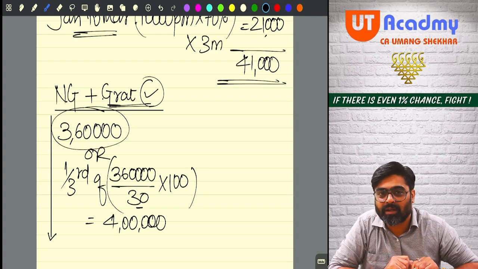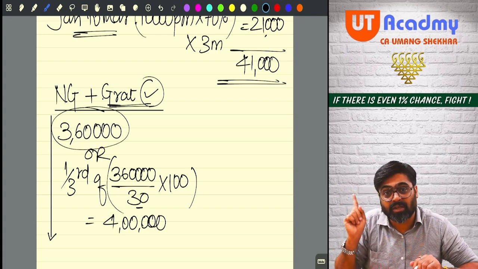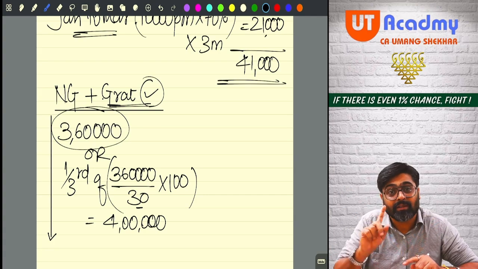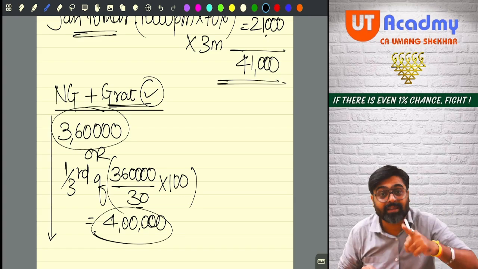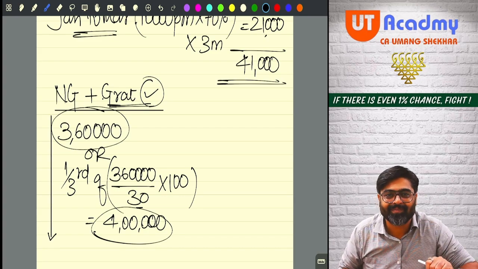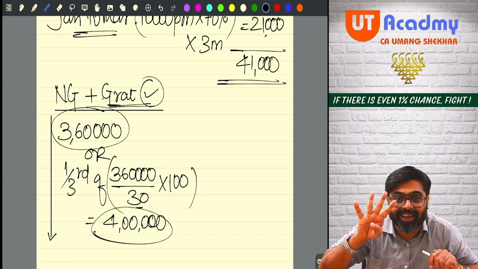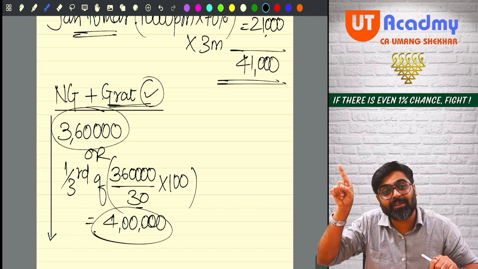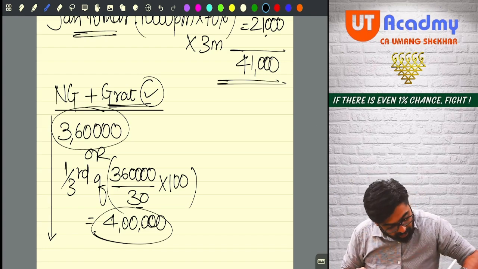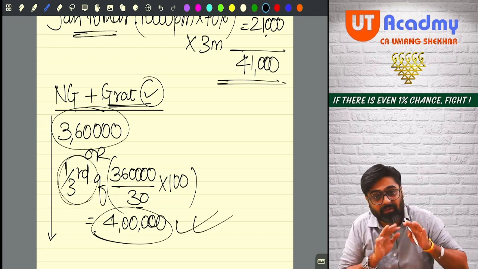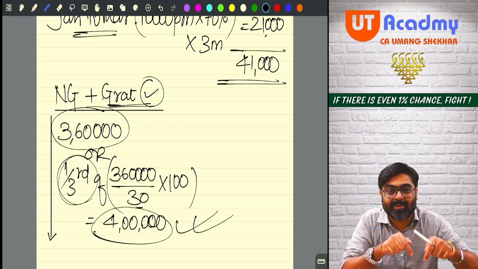Now in future, whenever he claims the exemption under section 10(10A), that time he will not get a fresh limit of 4 lakhs, because out of this 4 lakh, 3,60,000 is exempted right now. So how much limit is remaining? 40. So that time his commuted pension will be exempt maximum 40, because this 1/3 limit is a lifetime maximum exemption limit.